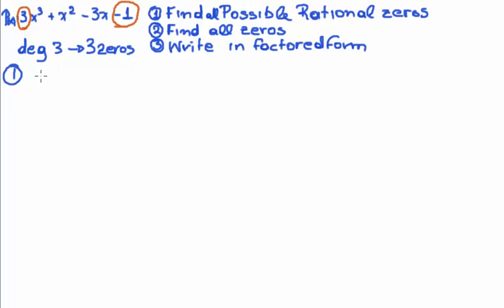We need to find for the constant all the possible factors. Since the constant is -1, the possible factors of -1 are plus or minus 1. And this is the constant, and the leading coefficient. The leading coefficient is 3. All the possible factors of 3 are going to be plus or minus 1, this is always a factor, and plus or minus 3.